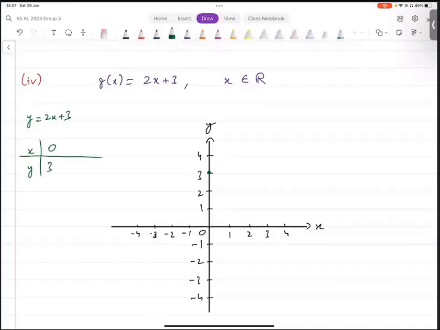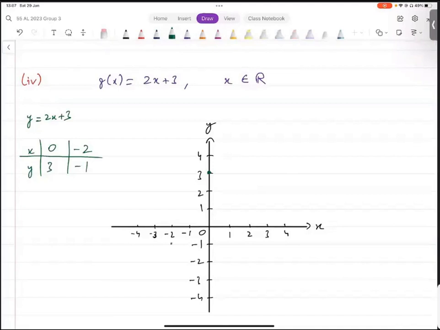Take any other point on your graph. If I take a positive value here, the graph will go upward. Let's say I take -3. If I take -3, what value do I get? 2 into -3, or let me take another value because I want to show something else to you as well. Let's say -2. If I take -2, what do I get? -1. So I take these 2 points, 0, 3 and -2, -1.